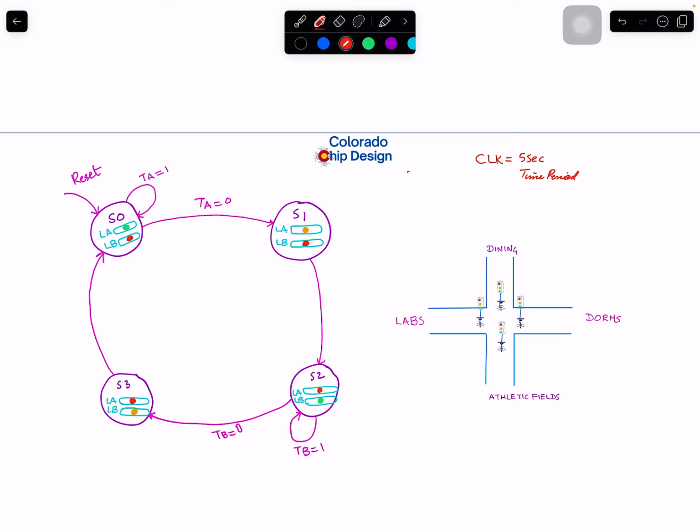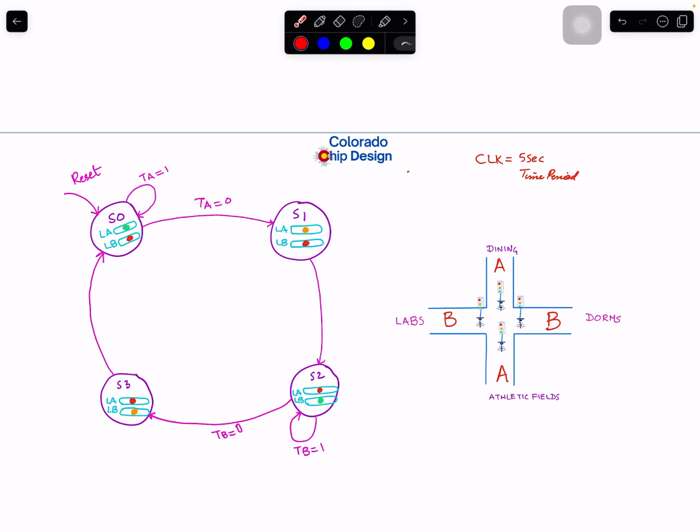This is A north south, and this is B east west. The A traffic light is green, so this and this are green, so traffic is going from here, and these are off. That is the default, because we are giving priority in the beginning to these guys.